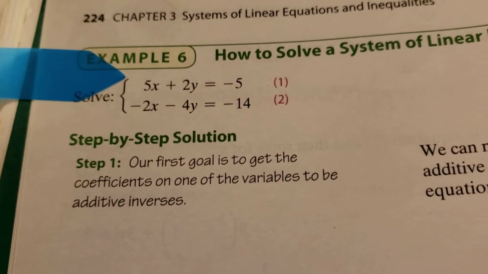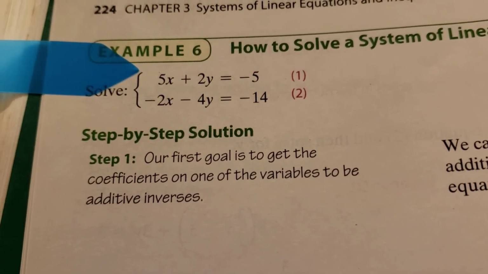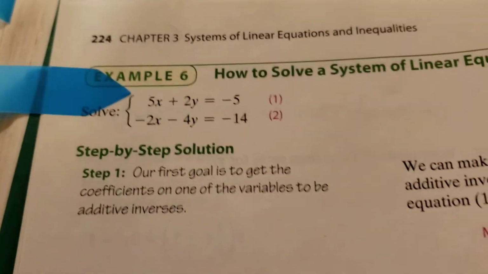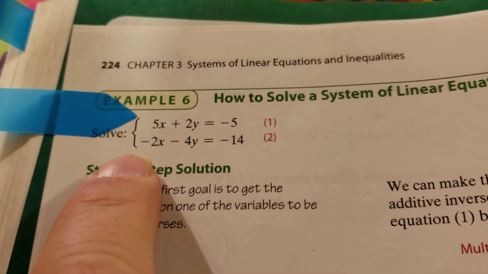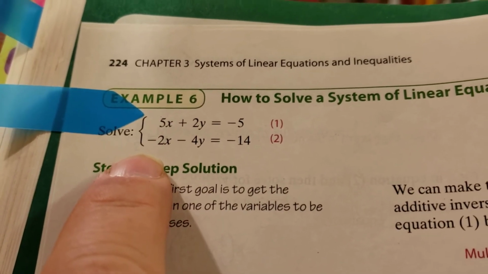You obviously have it in your book, but it's to solve this system of equations. This little brace is what we use when we want you to view this as essentially one problem, one equation.